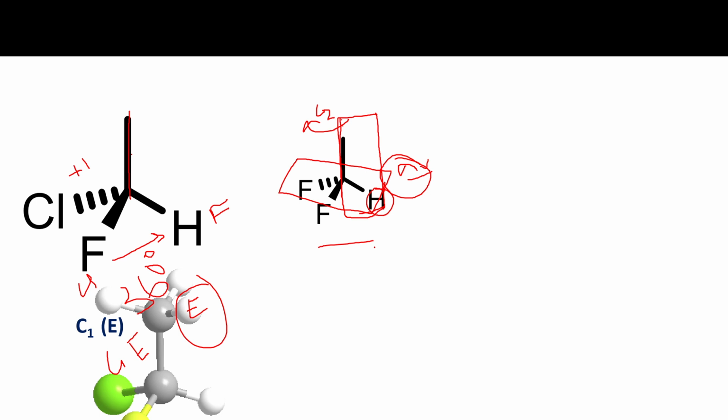So if you consider this molecule like this, and you rotate it 180-degree, then what will happen? These two fluorines will be interchanged.